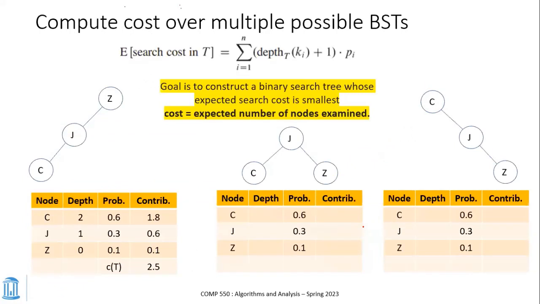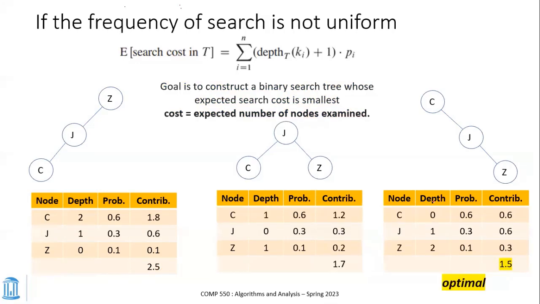Now there could be, of course, a whole bunch of binary search trees. So we need to be able to say, is this the best? Clearly not. We had a suggestion that this seemed to be the best, so let's calculate this. I'm not going to do that manually. You can see that the depth is 0, so it's going to be 1 times 0.6. This is going to be 2 times 0.3, that's 0.6. It's going to be 3 times 0.1, which is 0.3.